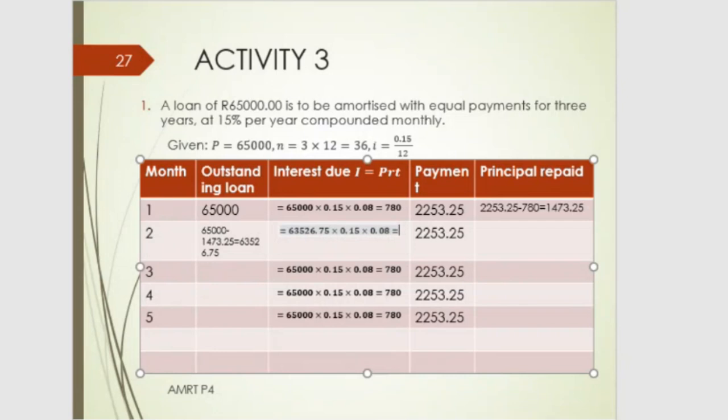The second one, I think you are going to get 762.32. The payment remained the same.